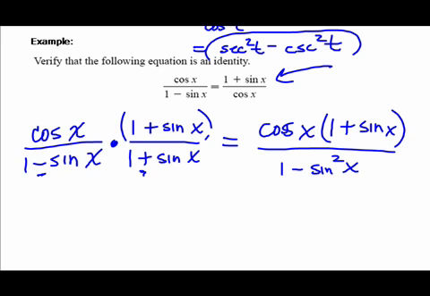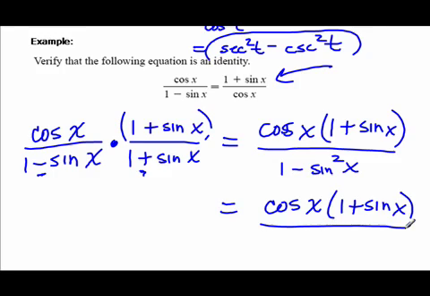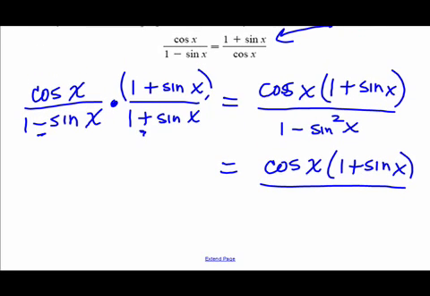Well, wait a minute. What's my denominator the same thing as? We have cosine x times 1 plus sine x. The denominator can be rewritten as what? What's 1 minus sine squared the same thing as?